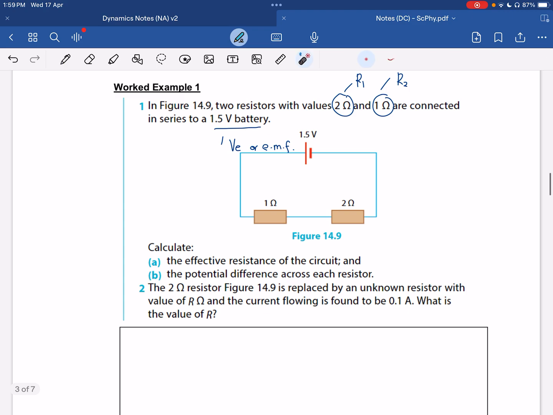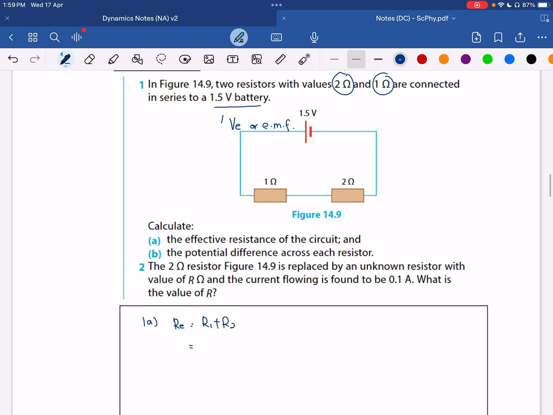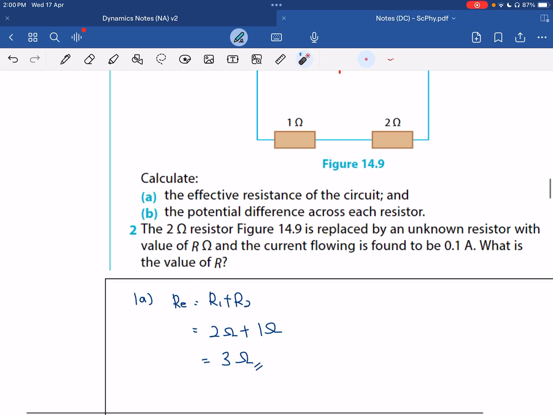What would be the effective resistance? So the effective resistance, RE, since they are in a series circuit, will just be the sum of the resistances. So RE equals R1 plus R2. That gives you 3 ohms. And this symbol is called ohms, remember.